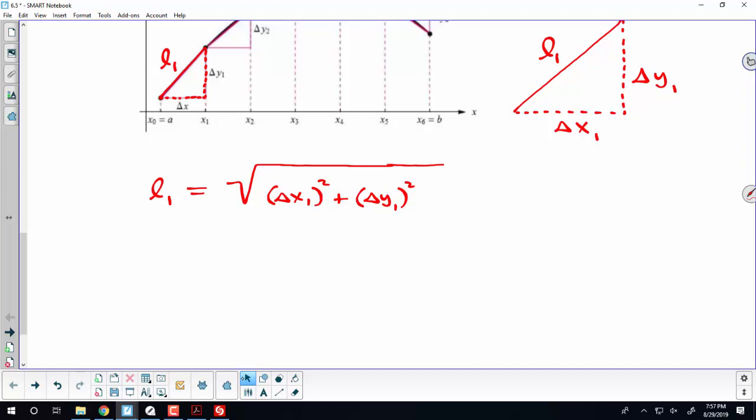But that's not really helpful, because if we have this function, how are we going to measure these infinitesimally small changes in x and y when there's infinitely many of them, right? So we've got to take this and manipulate it into something that makes sense. I mean, this makes sense, but we can't work with it as it is.